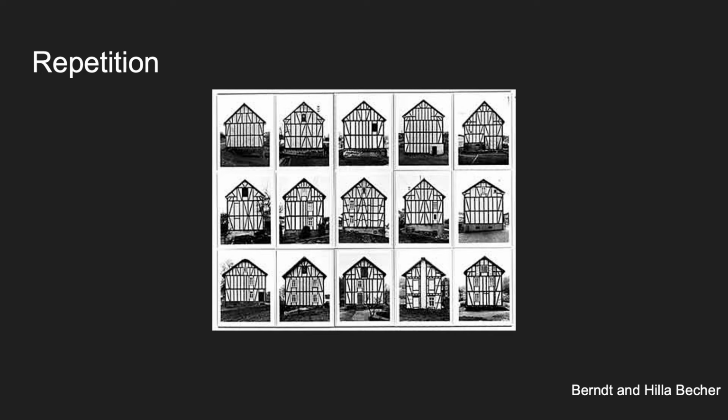While you're seeing a group of 15 photographs here, even within each photograph, there's a kind of repetition, right? The repetition of the lines of wood, the shapes that the lines of wood are making on the side of the buildings. So that's one example of repetition. And of course, repetition also leads to pattern.